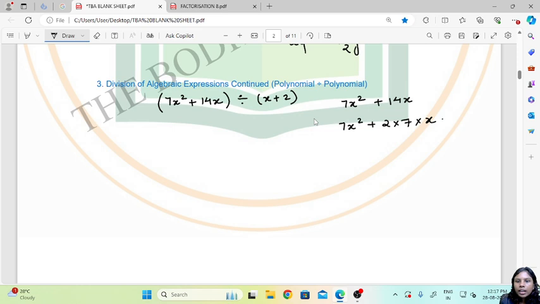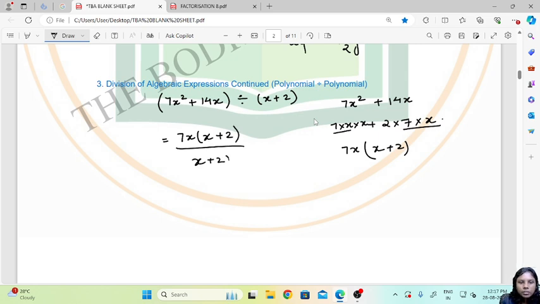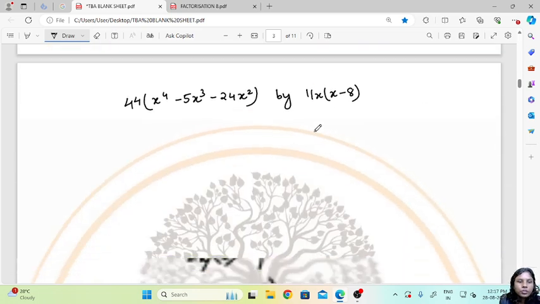Now you can take out common: 7 into x into x. This 7x you can take out common. What will remain is x plus 2. So if I write this as 7x into x plus 2 upon x plus 2, this and this get cancelled. Our answer is 7x.